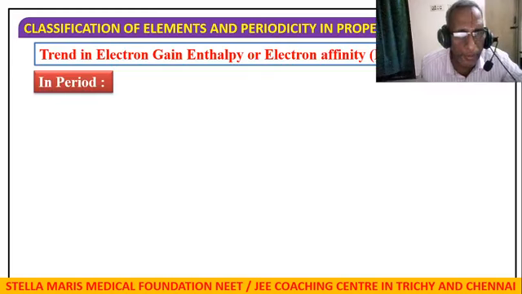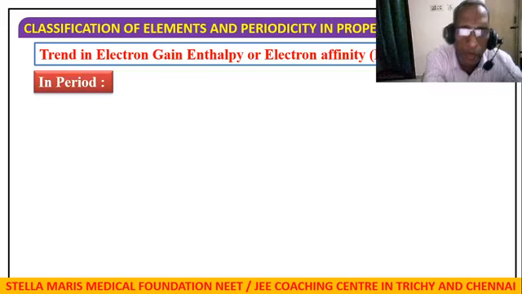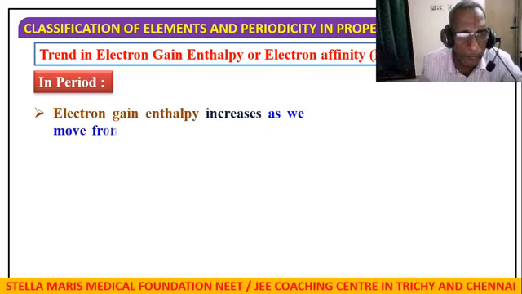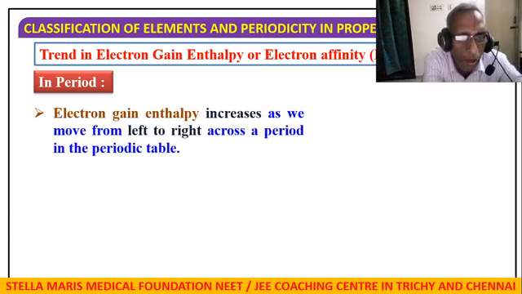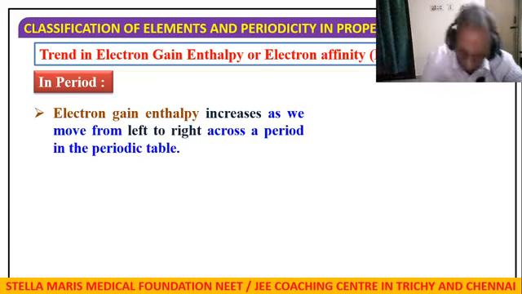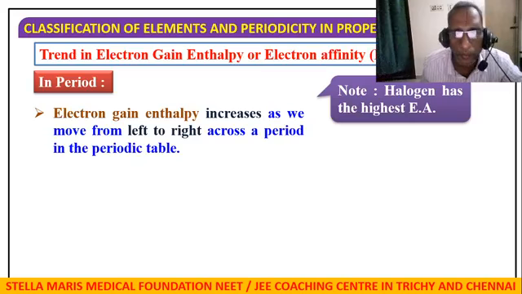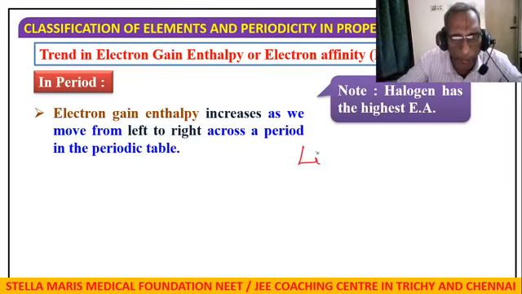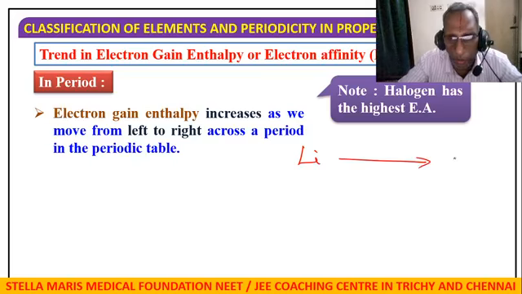So let us illustrate how the electron gain enthalpy varies along the group, as well as along the period. Along the period, electron gain enthalpy or electron affinity increases. If you start from lithium, then you have fluorine, then the inert gas neon.